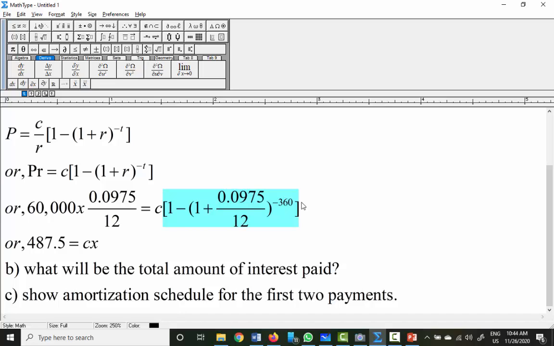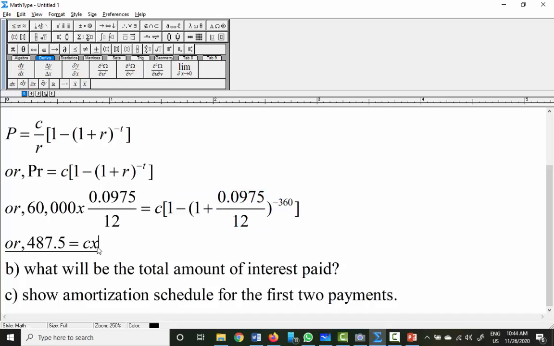Type it exactly that way using all the brackets: 1 minus bracket 1 plus 0.0975 divided by 12, close the bracket, and the power is minus 360.